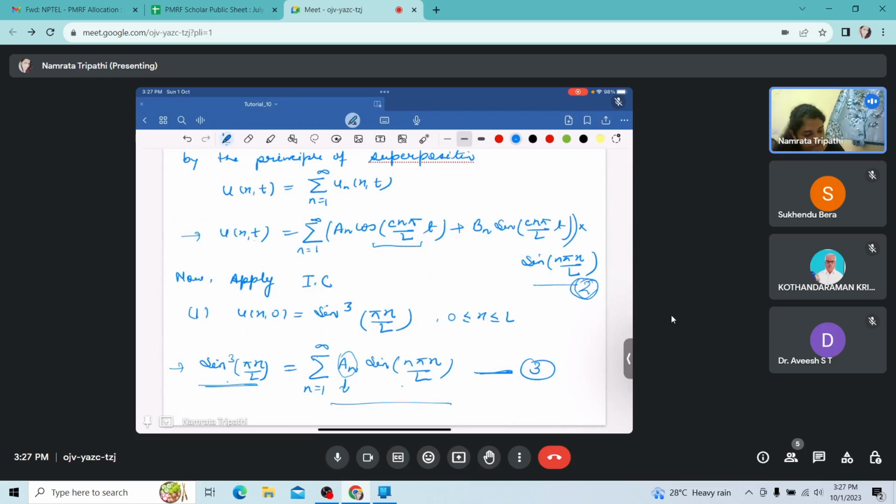So the differentiation of the first term will give sine of this term, and sine of this will be 0, and differentiation of the second term will give cos of cnπ/L into t. So this will become 0 and this will give.